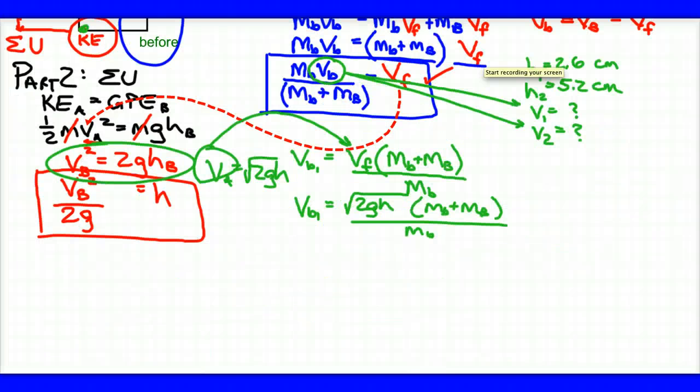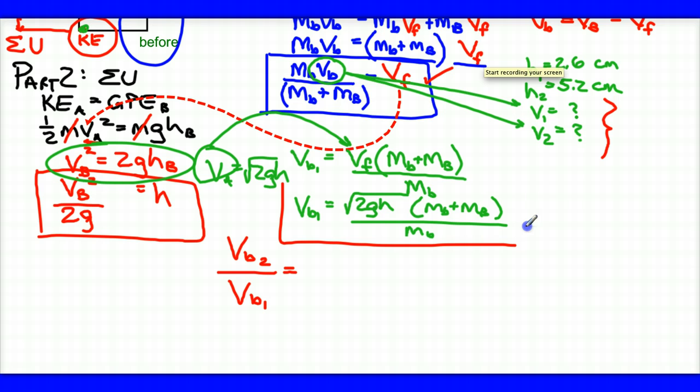Okay, so since I'm looking for the ratio of these two speeds, the velocity of the bullet and the velocity of the bullet in the second test, these are basically the things that I'm looking for. I can say that the ratio of the bullet in case 2, where it went twice as high, over the bullet in case 1 is going to be taken from this expression.